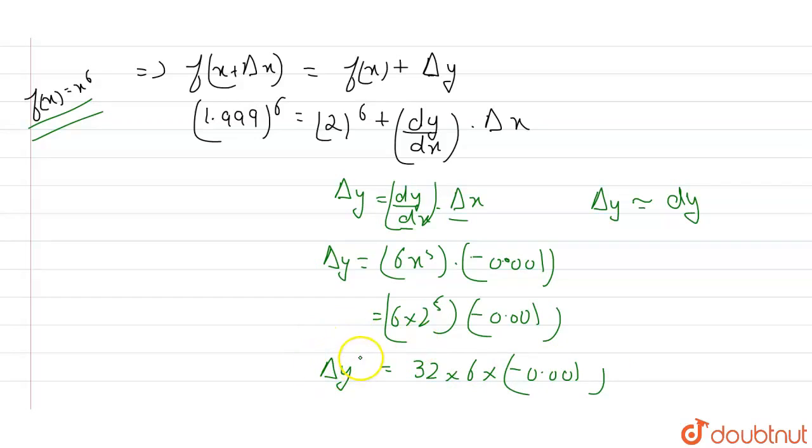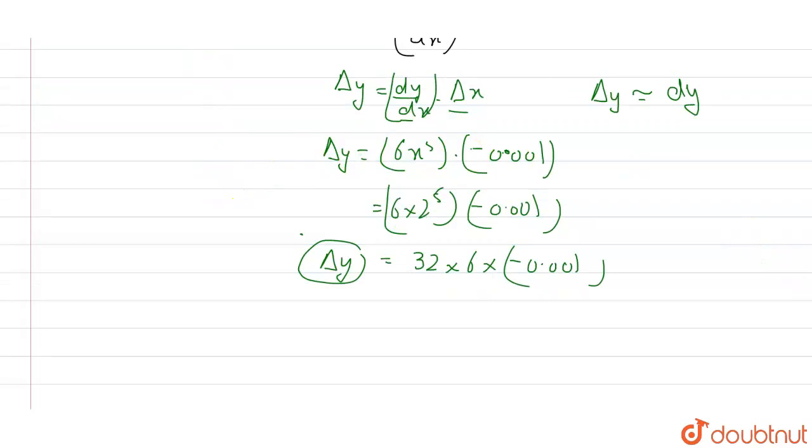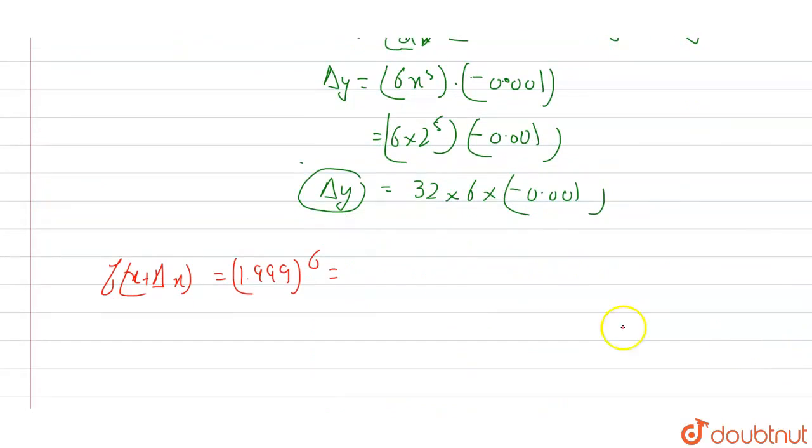Now we will put this value of delta y in equation 1. After putting this value, we will receive f(x plus delta x), or we can say 1.999 to the power of 6, as 2 to the power 6, which is 64, minus, we are taking minus common, 32 into 6 into 0.001.